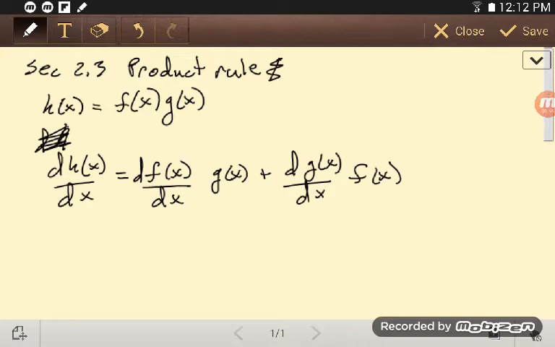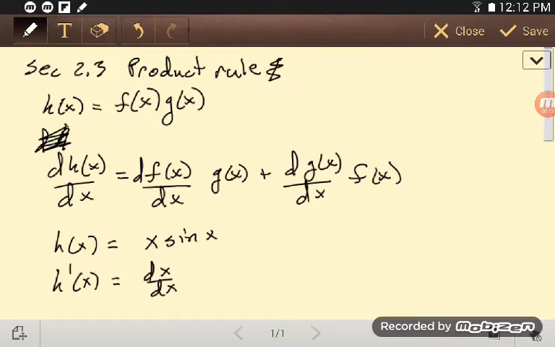if I have something like h of x equals x sine x, then if I want h prime of x, I need the derivative of x with respect to x and then times sine of x plus the derivative of sine of x with respect to x, and then times x.